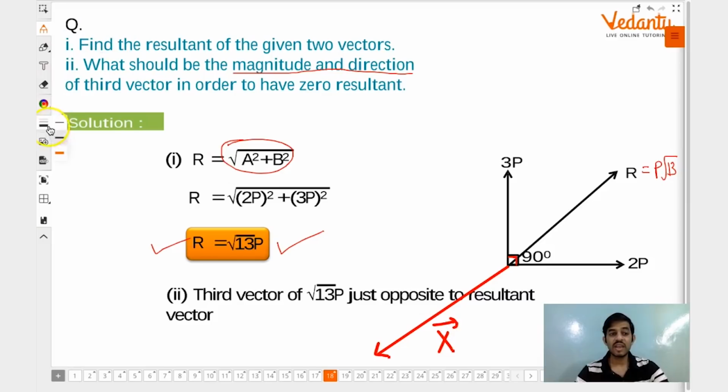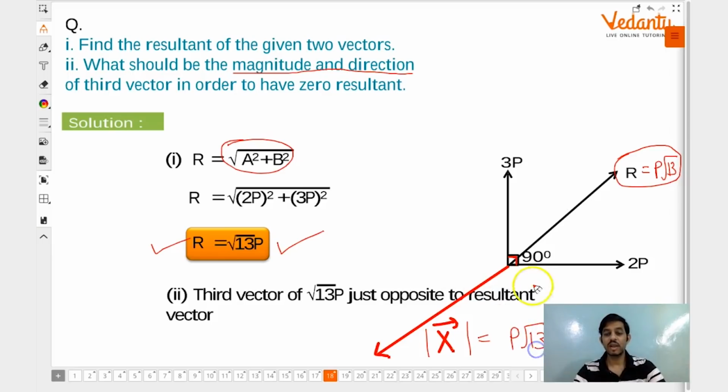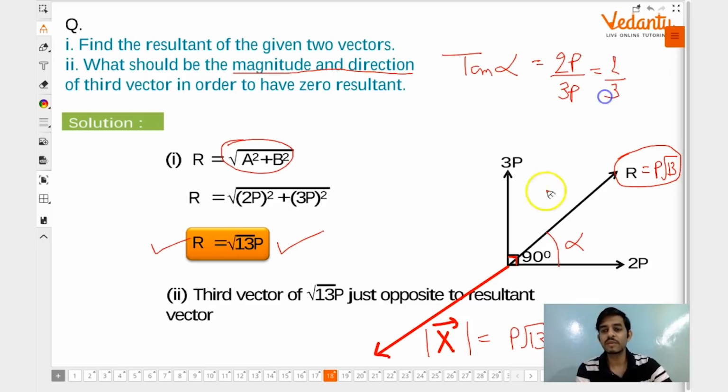The magnitude of x vector should be equal to r so that they cancel out. That should be p root 13, and direction should be just opposite. If you want to find the direction, you can very easily find the direction for r. Tan alpha is 2p upon 3p, so 2 by 3. So if you want to find the direction of x, this angle will also be alpha.